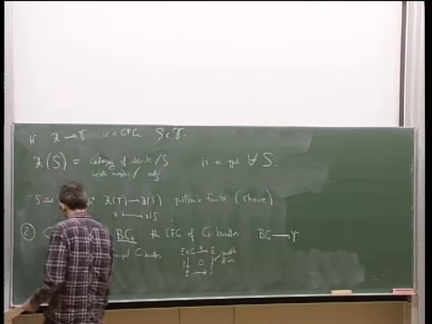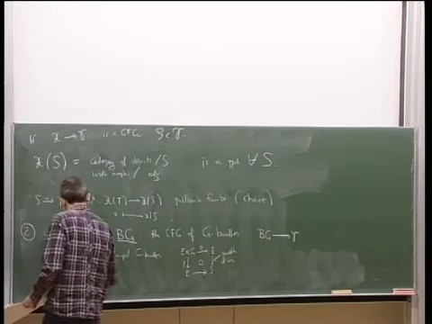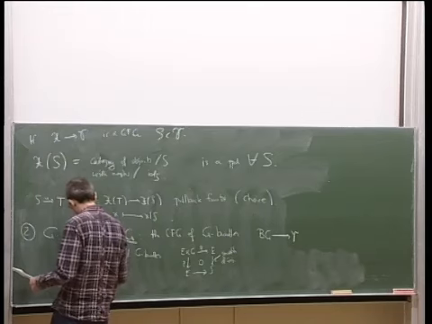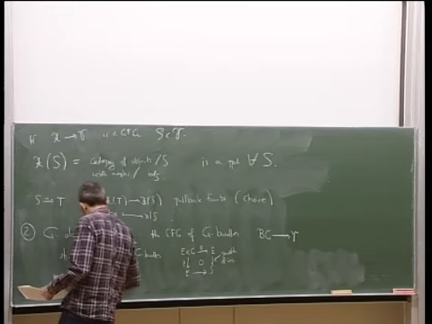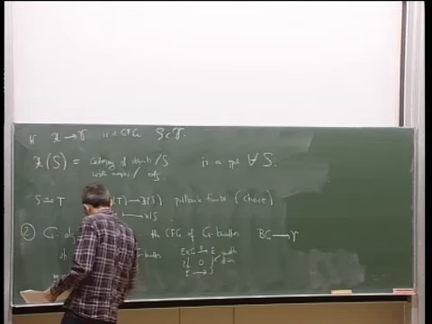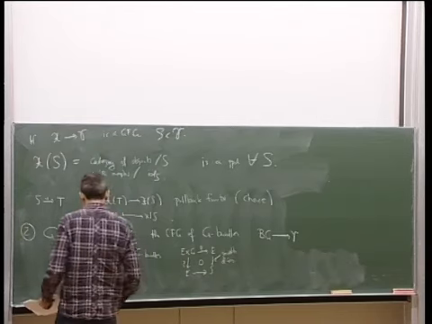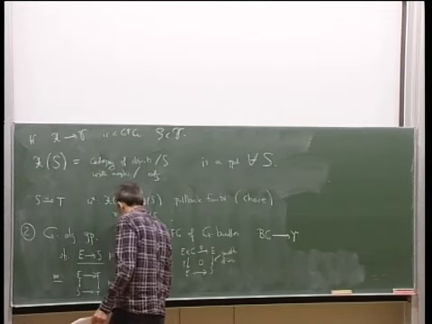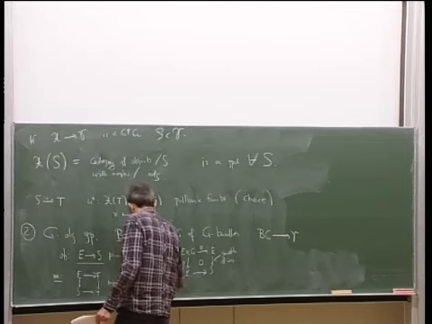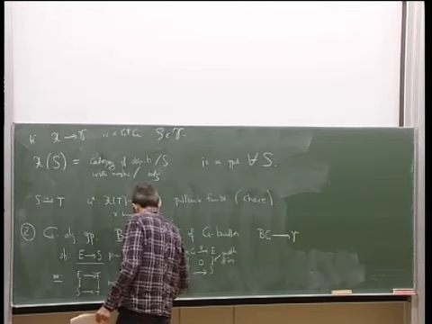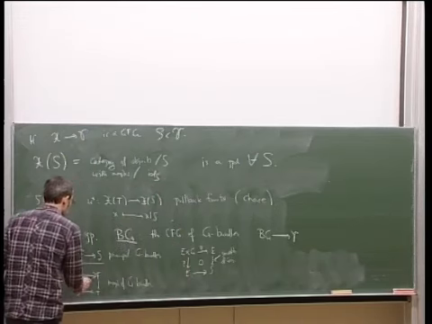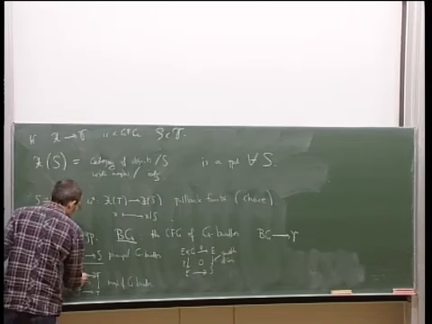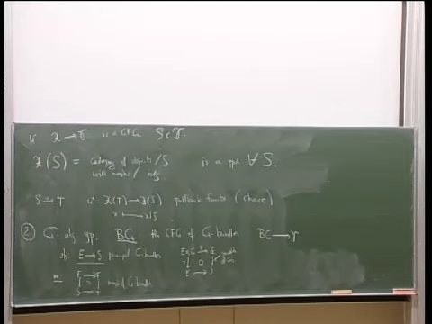And morphisms, well, if I have E to S, F to T, this means these are commutative diagrams where this map up there is G equivariant.